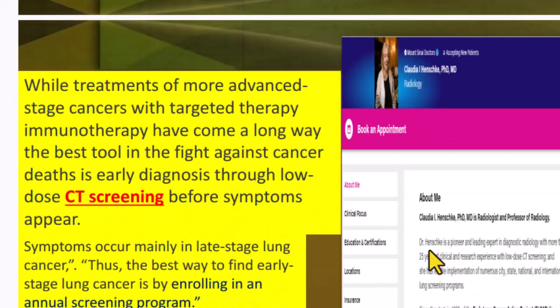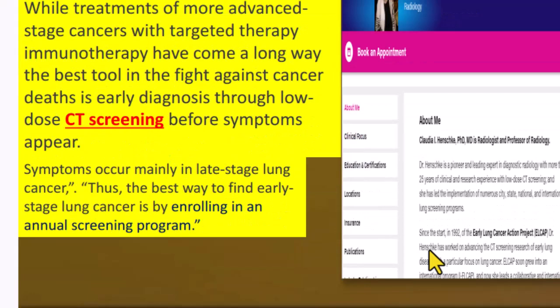While treatment of more advanced stage cancer with targeted therapy and immunotherapy has come a long way, the best tool in the fight against cancer is early diagnosis through low-dose CT screening before symptoms appear. Symptoms occur mainly in late stage lung cancer. The best way to find early stage lung cancer is by enrolling in an annual screening program.